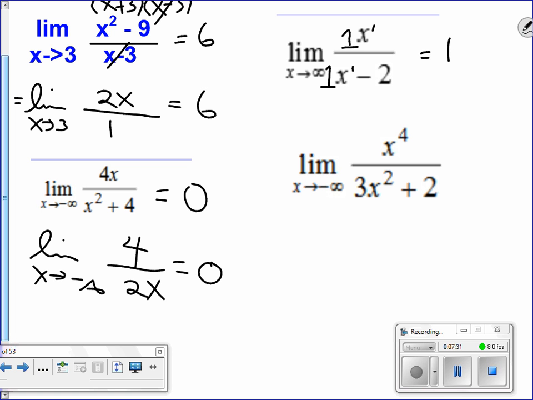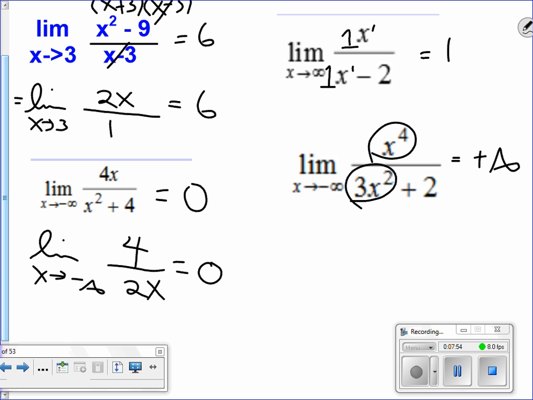They would never do that. They always put one or the other. And the thing is, when the degree up top is greater, technically the limit doesn't exist. But what it's saying is that your graph, as x goes to negative infinity, the y coordinates are either going to go up or go down. So the way you determine which one it is, you look at the sign of the leading terms.